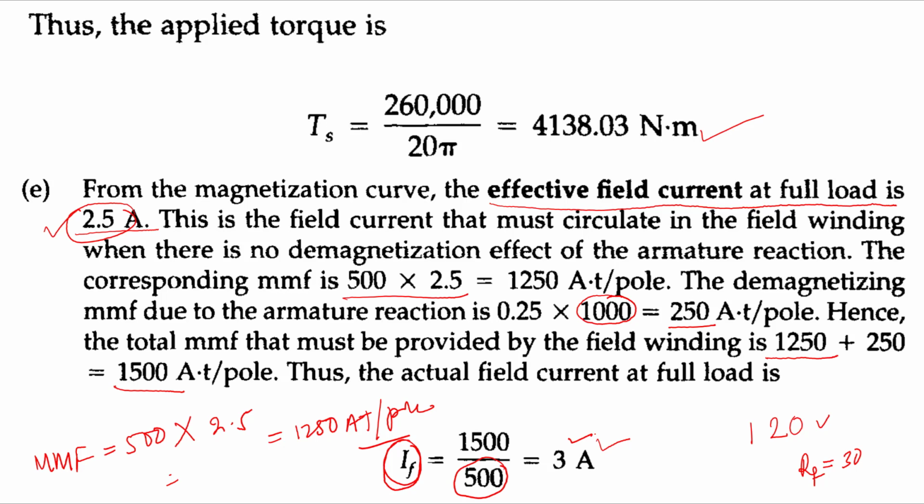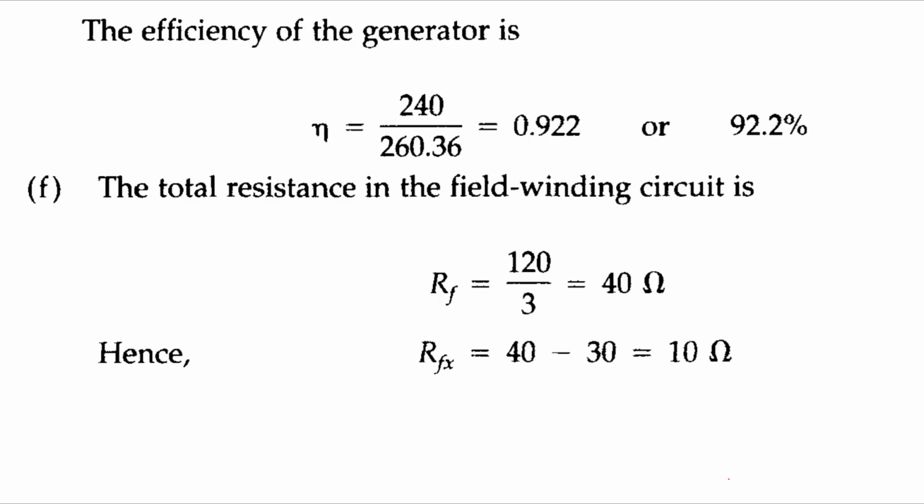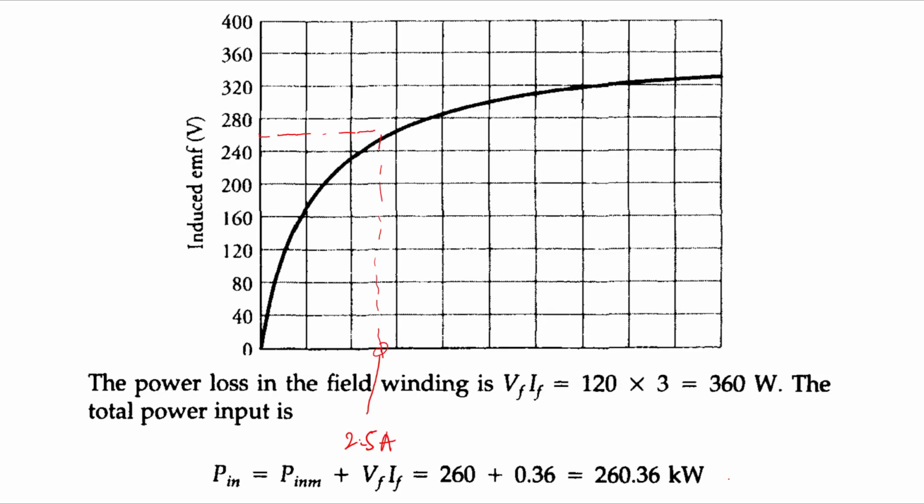Now what will be the loss in the field circuit? VF IF, right? VF is given, 120 volt, into 3. So we'll get 360 watt, the power loss in the field circuit, right? So now you can find the input power, right? So input power is whatever input power we got previously, that is power developed plus rotational loss.